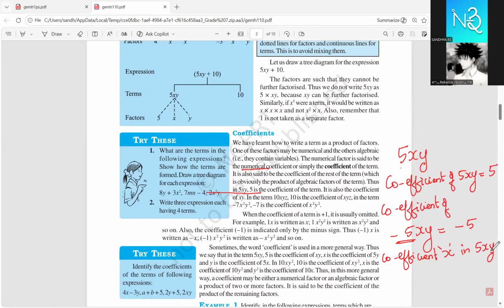I want to find the coefficient of x, not the full term. If the question comes like that, other than x, everything you need to write. That means 5y. So the coefficient of x in 5xy is 5y. Clear? Okay, write it down.